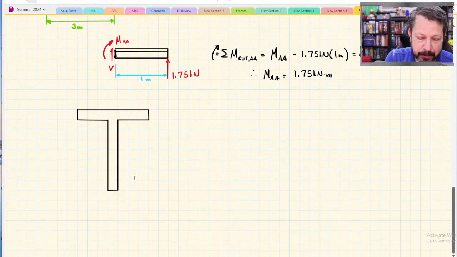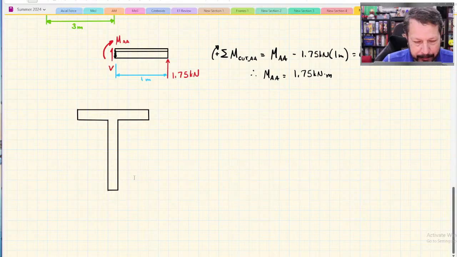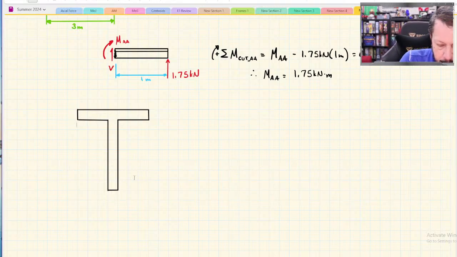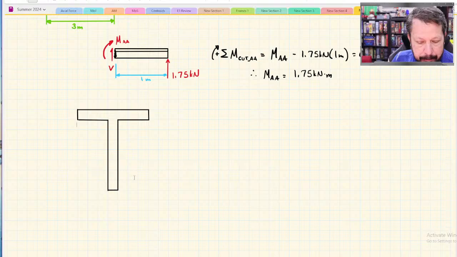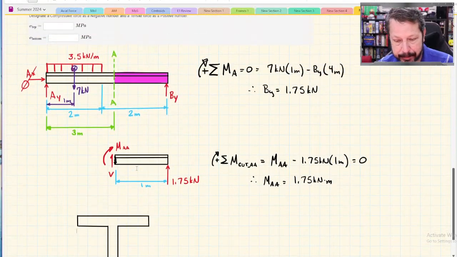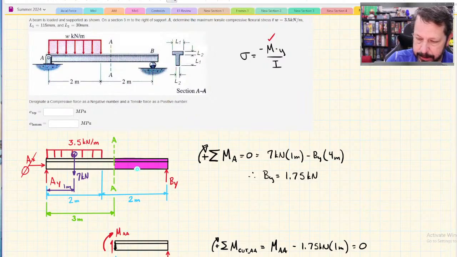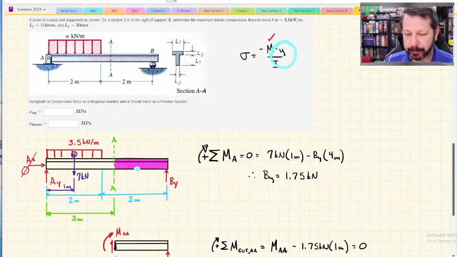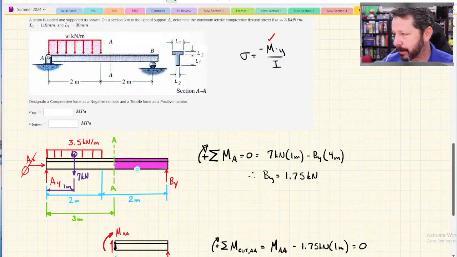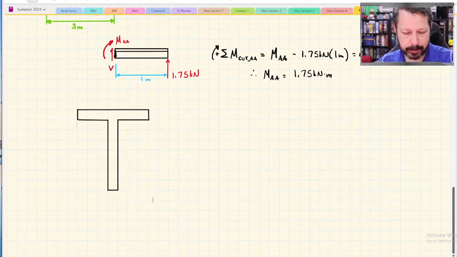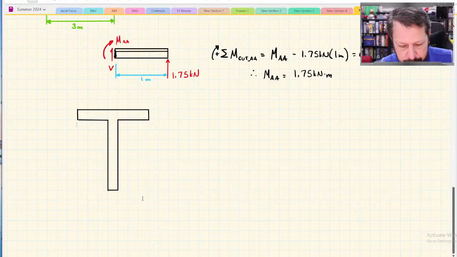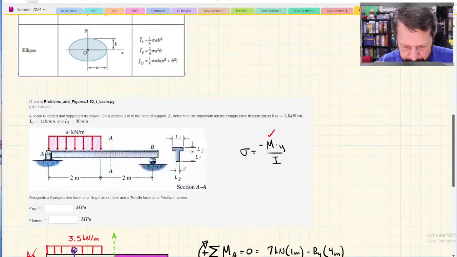Speaking of the neutral axis, that's what we need right here. What we're trying to do here is we want to know the value for y, this y in our equation, and it's measured from the neutral axis. So I've drawn out our little T-shaped cross section. I haven't put our dimensions because I don't know what they are. They're given here. So L1, 115 millimeters for the stem and the flange.